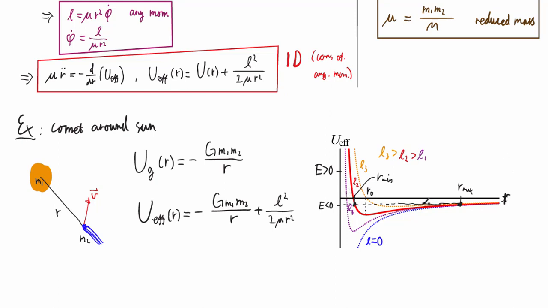This comes about because the effective potential goes to 0 at infinity. So we can use the sign of the energy to tell us whether the system is bound or not. And when I say bound, I mean that there's a maximum distance by which the two objects are ever separated. In an unbound system, the two objects can be infinitely far apart.